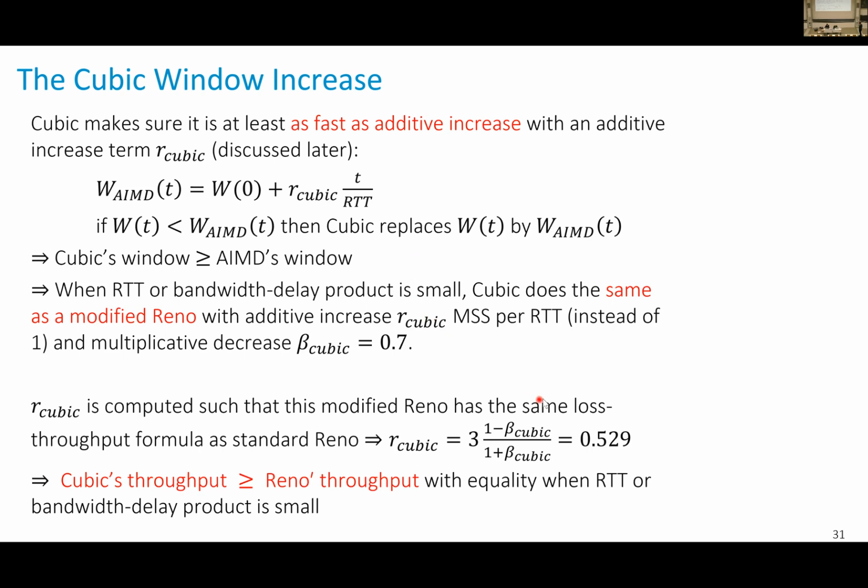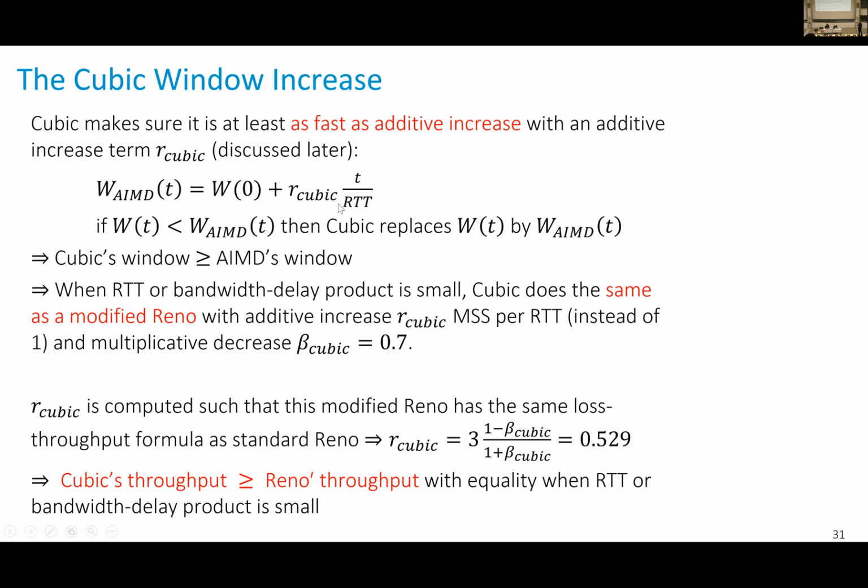And we find that if you want to compensate, then you should increase, for every round trip time, not by 1 MSS per RTT, but by 0.529 MSS per RTT. And CUBIC does all this zoo of details here.